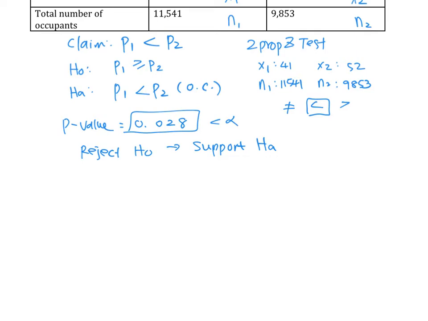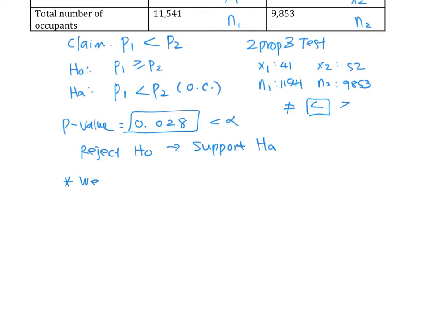HA. So finally, I'm going to make a conclusion about the original claim. And notice that the original claim is HA, so I'm going to have to look at what I said about HA. I supported the HA statement. That means I'm going to support the original claim as well. So basically we're going to support the original claim.